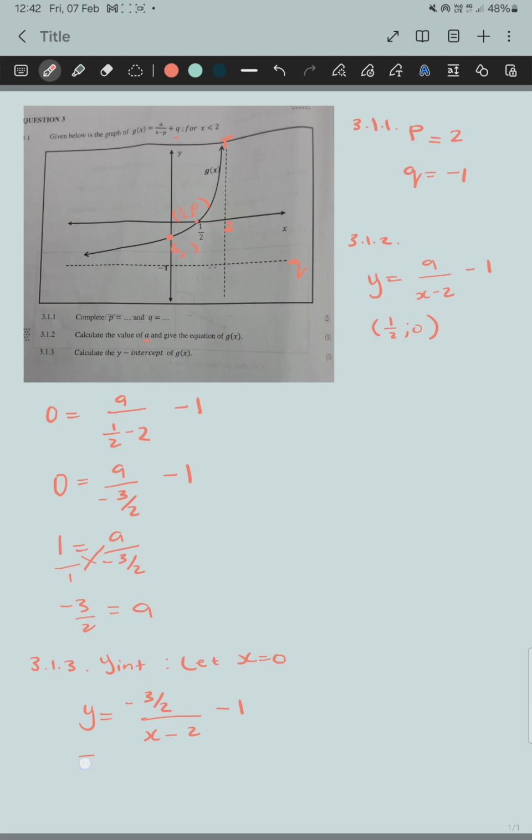So I'm going to have -3 over 2. So it's y equals that over 0 minus 2, minus 1. So it's -3 over 2 over -2, minus 1. Alright, that will give me, I'm going to do it fast. I hope you're also following along.